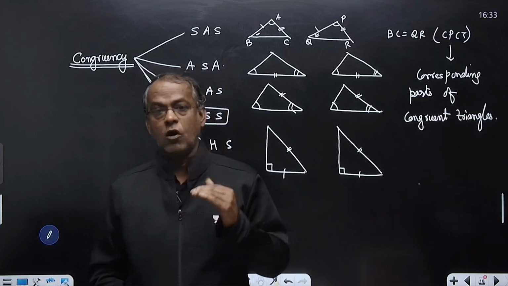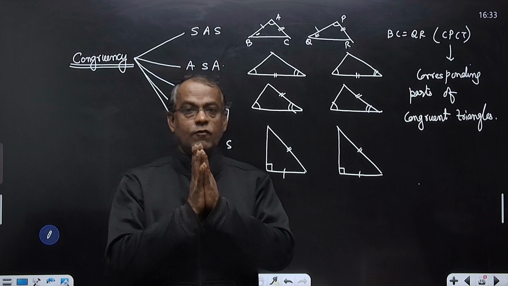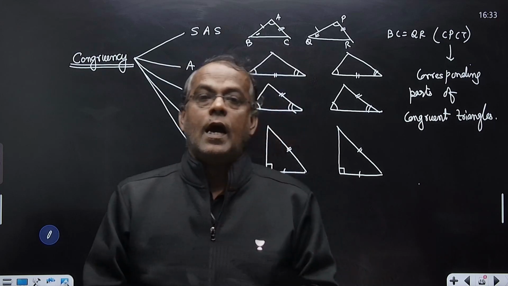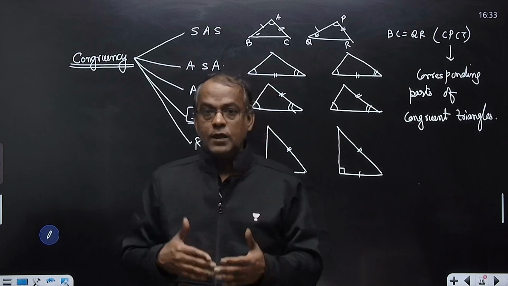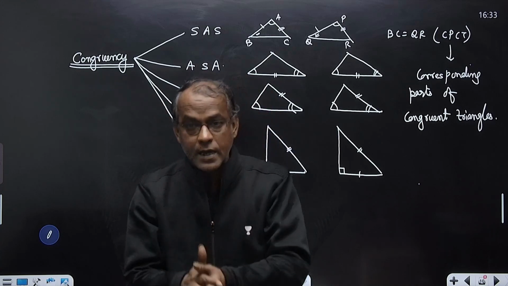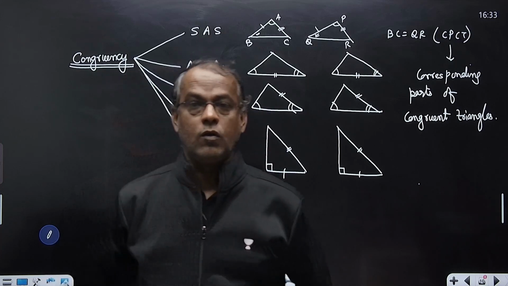So I would request all of you to be in constant touch with the text that you have been provided in your school. Please be a bit faster in going through the chapter of geometry, especially the NCERT books of 8th, 9th, 10th, so that you are aware of the notions that we come across.